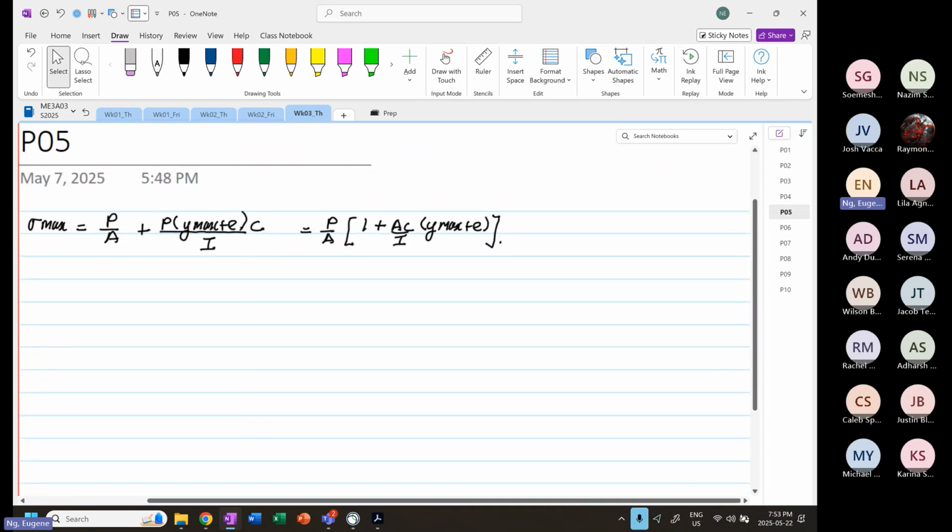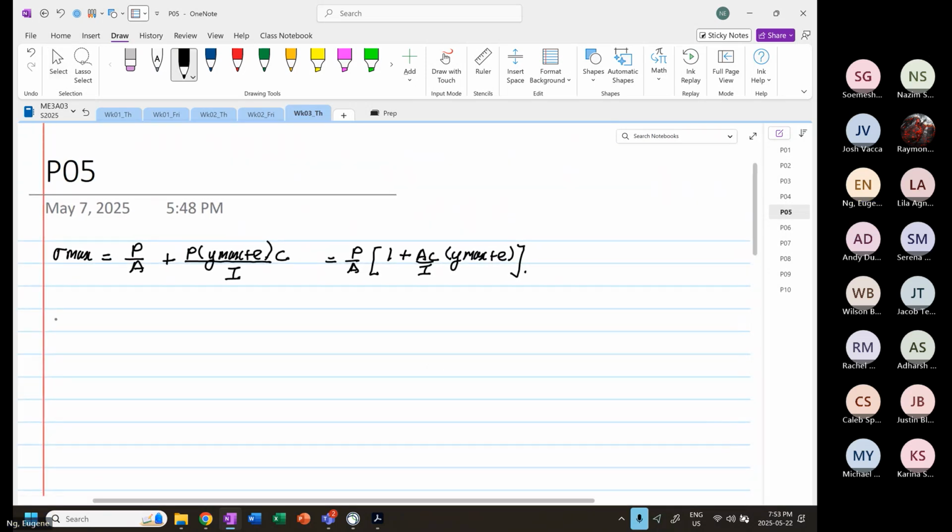Right. So over here, note, and you have seen this before, that I is equal to A R squared, the second moment of area. Right? I is equal to A R squared. So now we're going to substitute that expression.